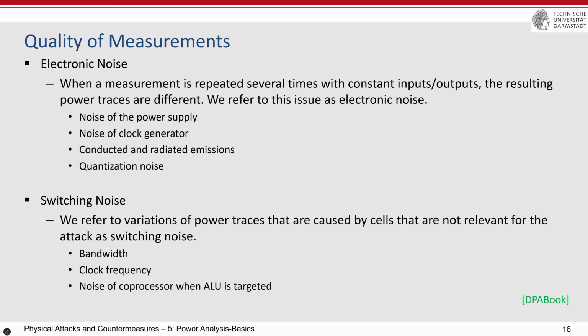If you do not consider them in your attack, their effect is considered as switching noise in your measurements. It means that what we want to exploit is a small part of the power consumption, but it is added to many other things that are not relevant for our attack.